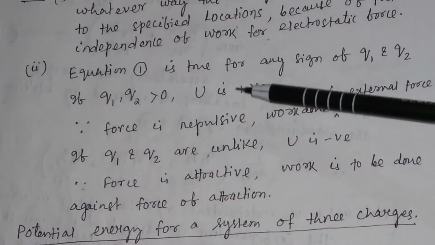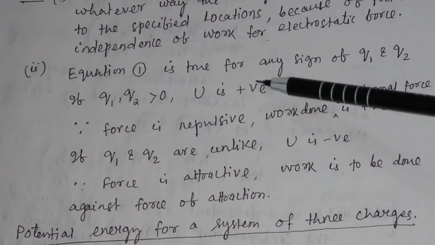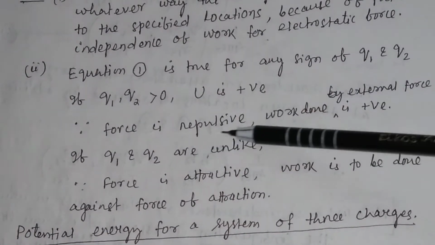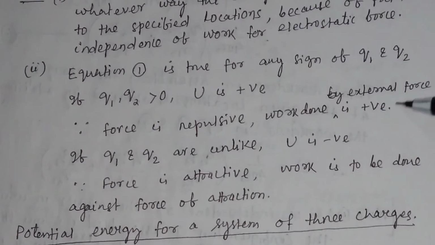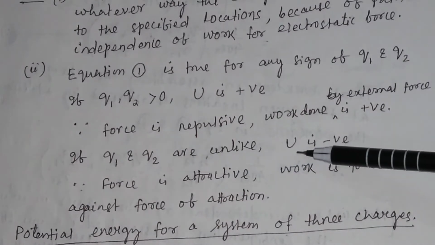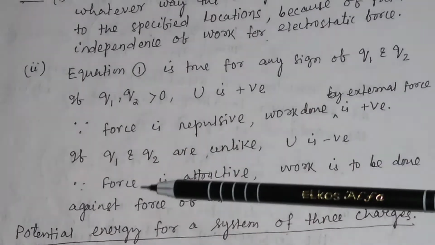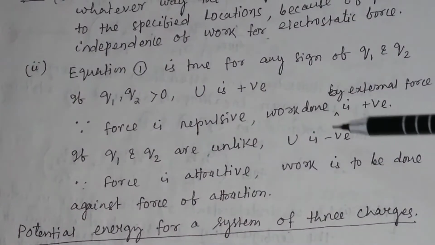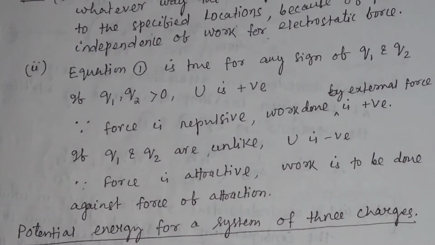So keep it in mind that potential energy is positive because the force is repulsive and work done by the external force is also positive. If q1 and q2 are unlike charges, then potential energy will be negative because force is attractive. Work is to be done against force of attraction.